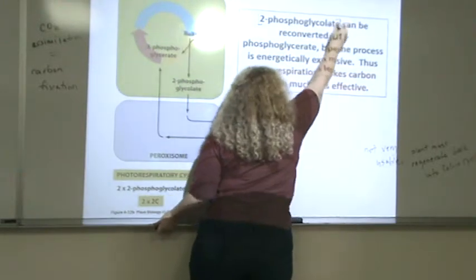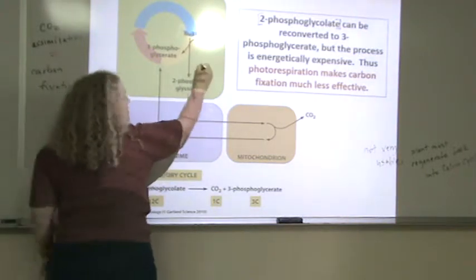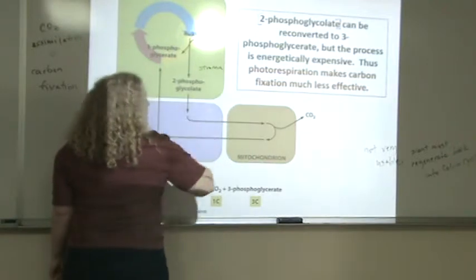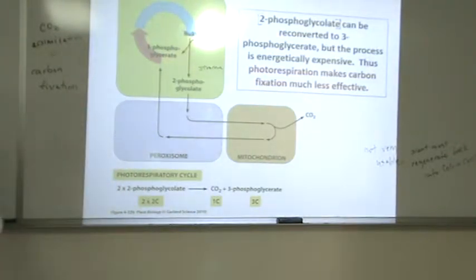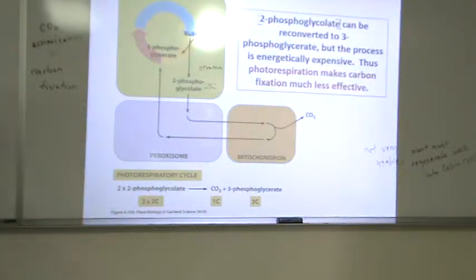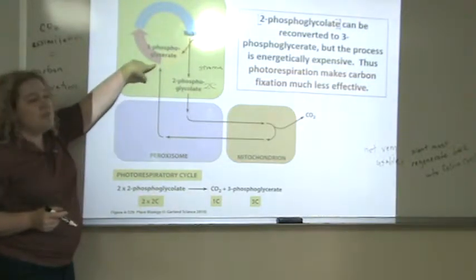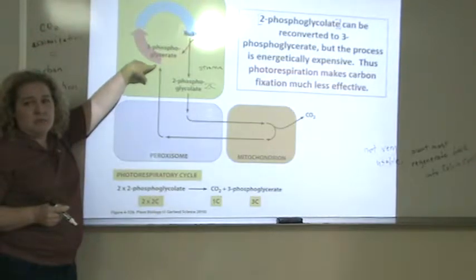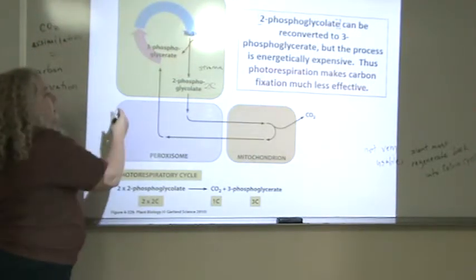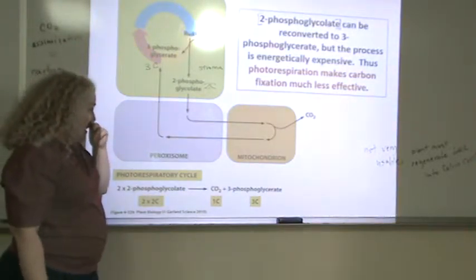That's what has been made, unfortunately, if Rubisco fixes oxygen. So it's made in the stroma. That's where the Calvin cycle is happening. So we end up with this 2-phosphoglycolate, 2-carbon molecule in the stroma. The plant will eventually convert this back into the correct molecule. Eventually. Into a 3-carbon molecule.